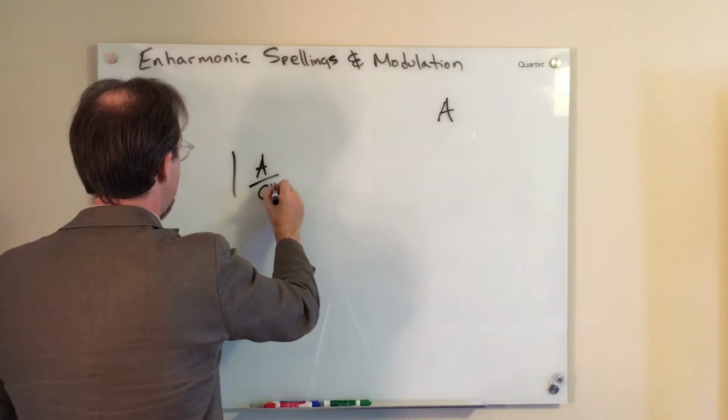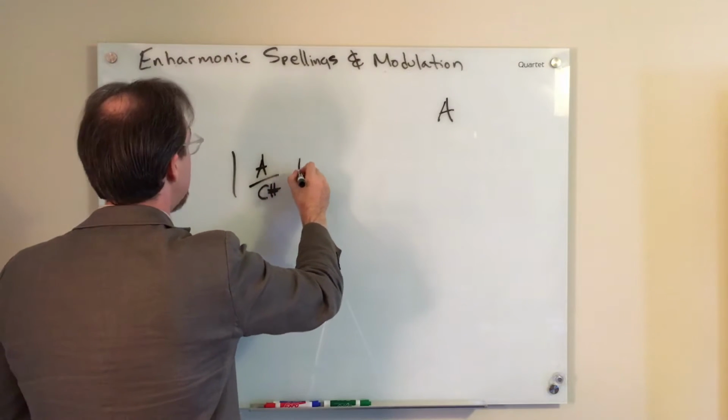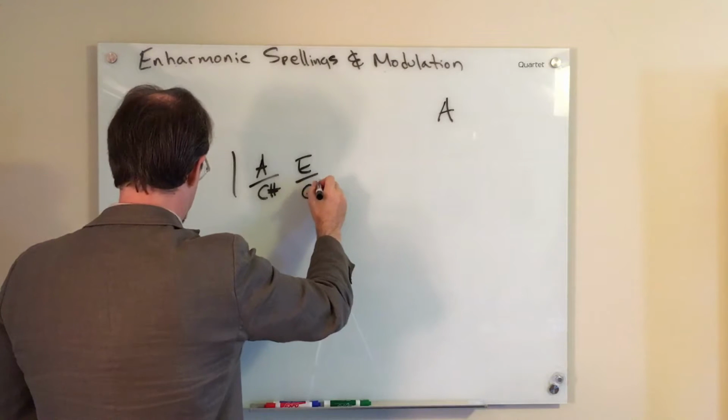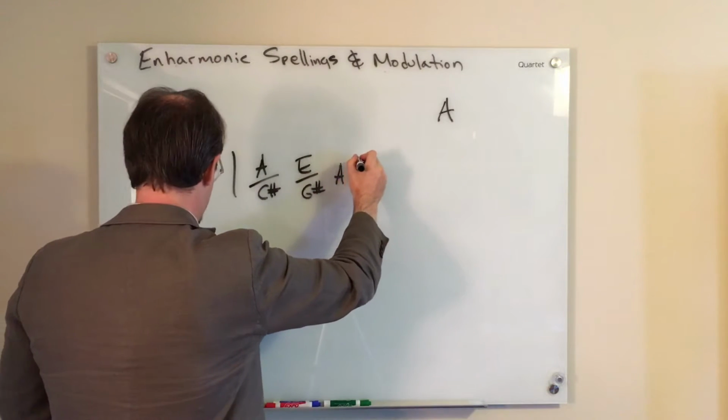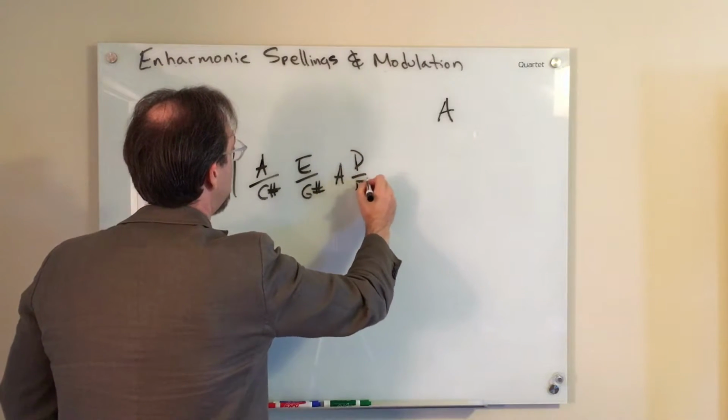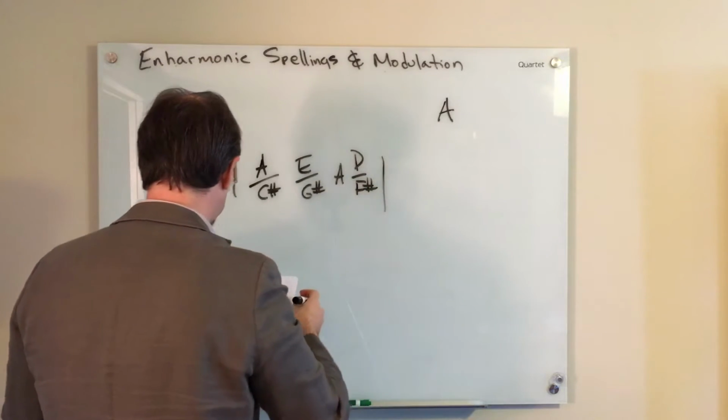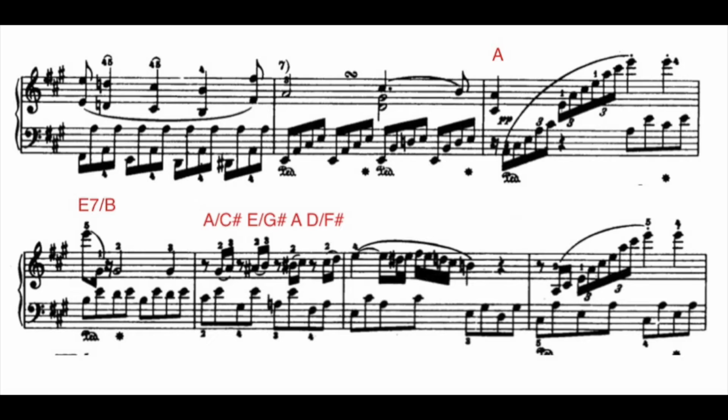So that measure, A major triad with C sharp in the bass, E major triad with G sharp in the bass, A major triad, D major triad with F sharp in the bass, bar line. We then get, in the bass, and we have this.